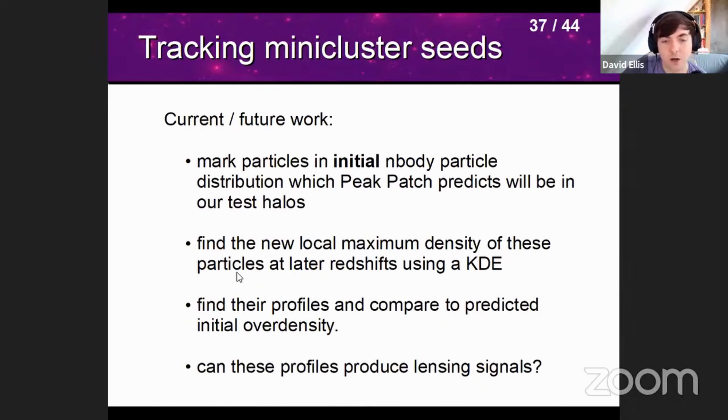We can track these objects forwards in the n-body data, again this same data from the paper by Jens, Javi, and Benedict, and we can find their new local maximum using kernel density estimate, calculate their profiles, and then hopefully finally answer that question of whether these objects produce lensing.